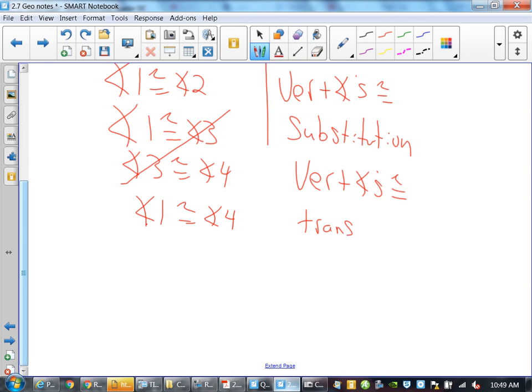Not all of it is transitive. Remember, A equals B, B equals C, A equals C. When it's on a diagonal like that, you guys remember what slopes are? It's got a positive slope.